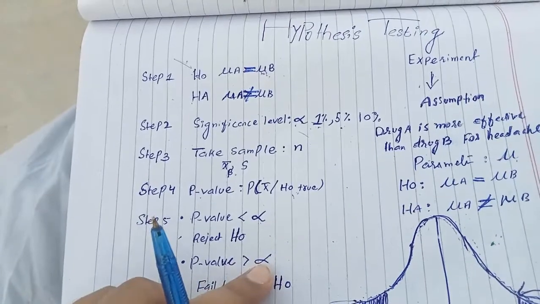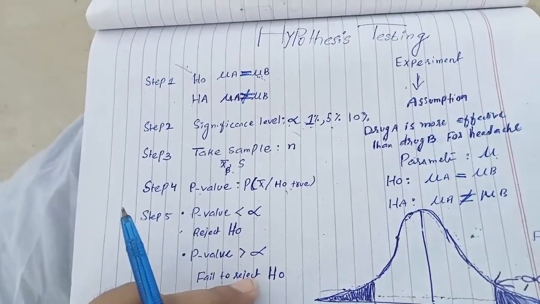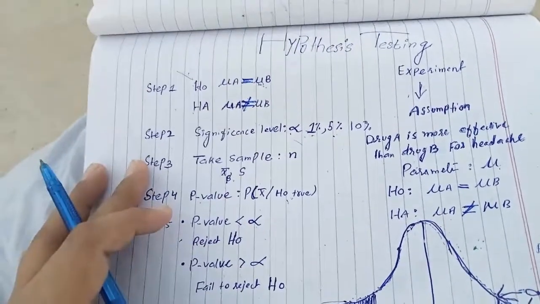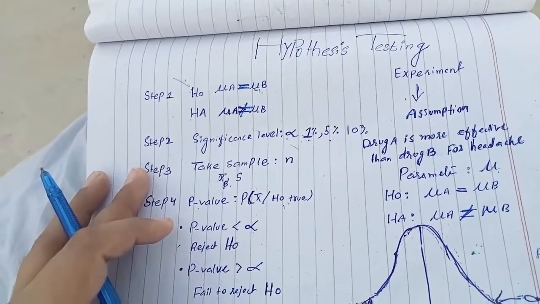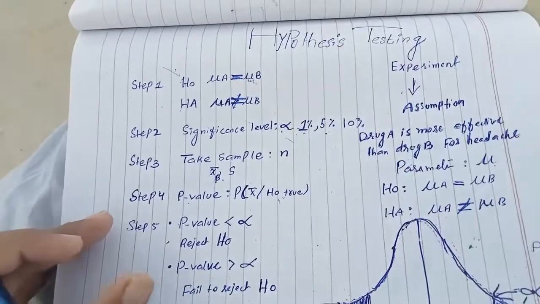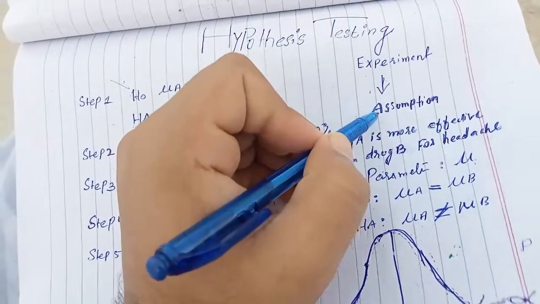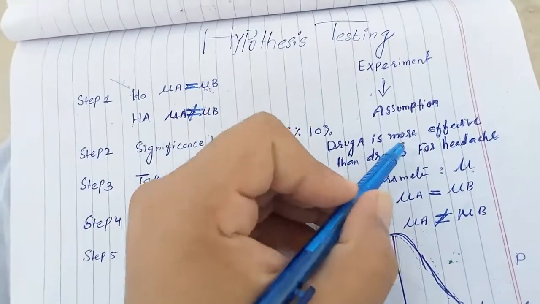If p is greater than alpha, we support, or I can say fail to reject, the null hypothesis. These are the steps we follow to reach a conclusion. After this, we will be able to make a conclusion about the assumptions of the experiment, that drug A is more effective or not.